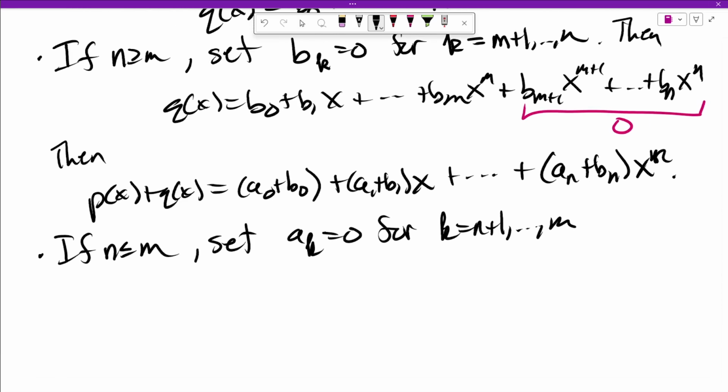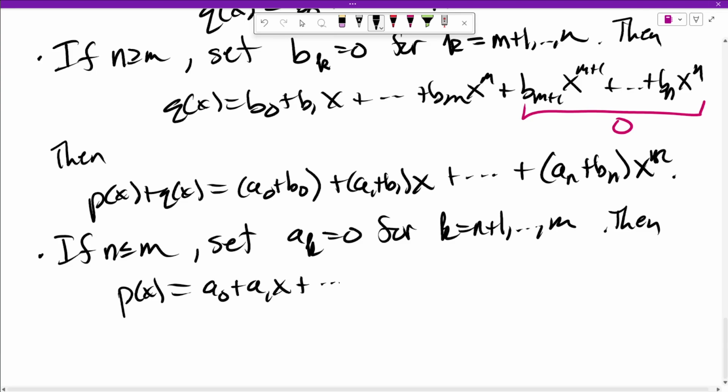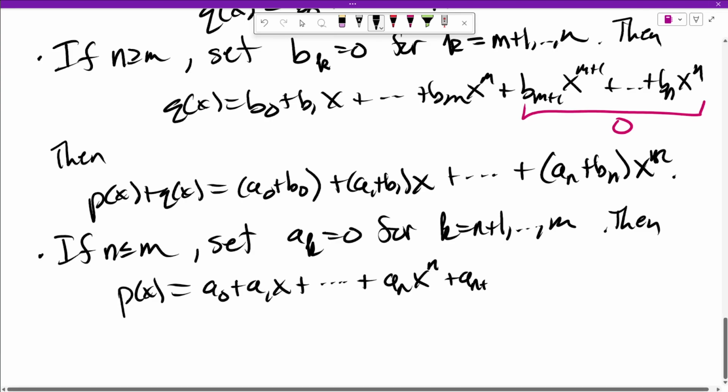In which case, if we artificially extend p by 0, then p of x we can rewrite as a0 plus a1x plus and so on. There's still this an x to the n, but now if m is bigger than n, we're going to artificially extend by 0 till we get to am x to the m. Again, this is just 0, so it's not changing p at all.